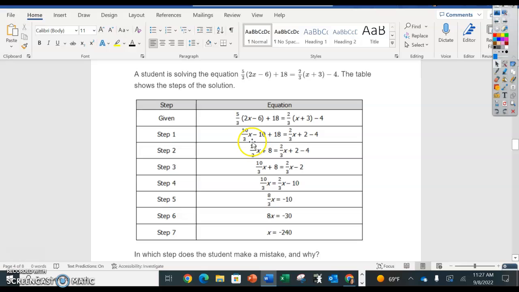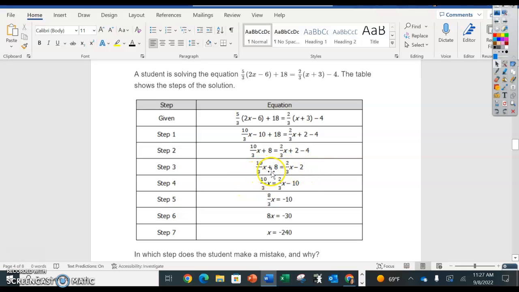All right, then what? Then it looks like they combine like terms. So -10 plus 18 is +8. So that is correct. The next step, they went to the other side and did the 2 plus -4, which is -2. So that is also correct. Everything else has just been brought down to the next step. So far, everything looks good.